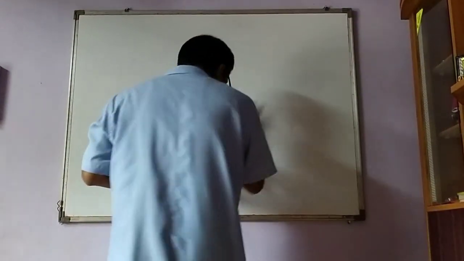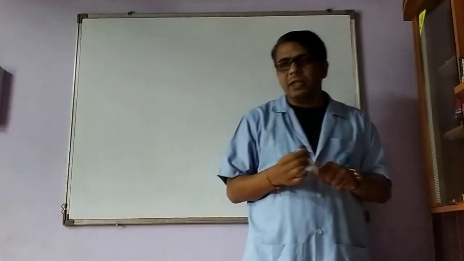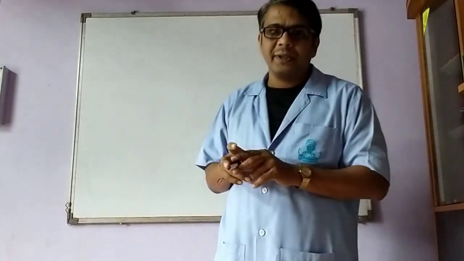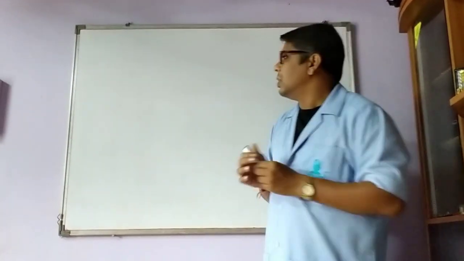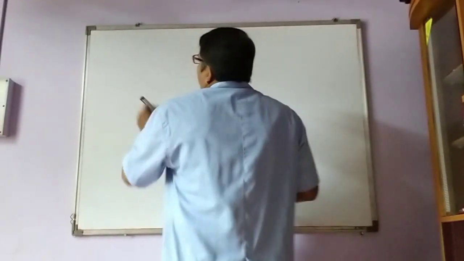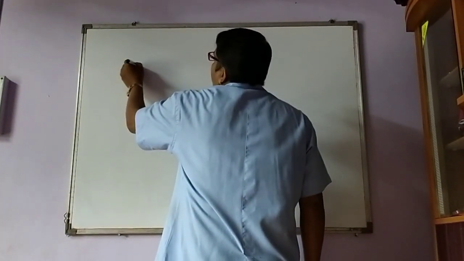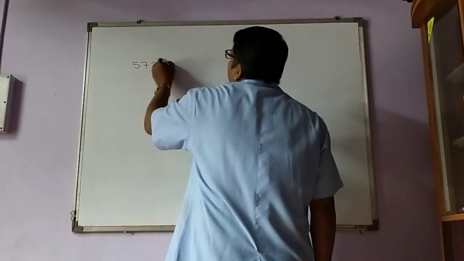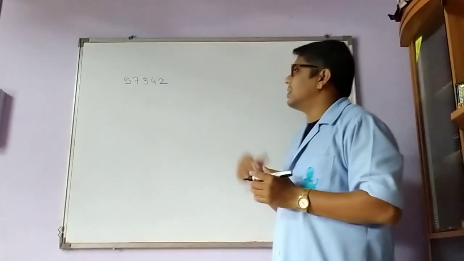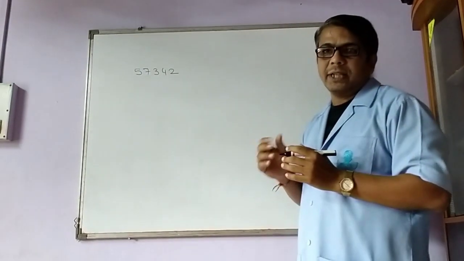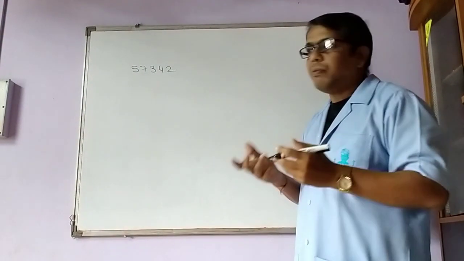Now, the place value of a particular digit in a given number is decided by its position in that particular number. For example, what is the place value of 7 in the number 57,342? So how do we decide?